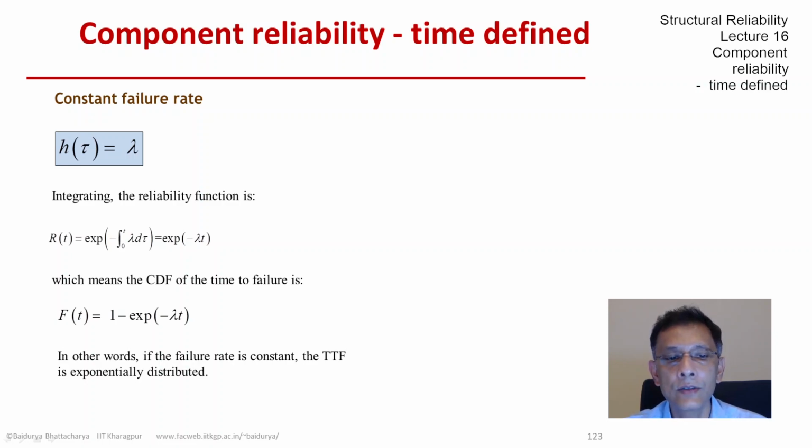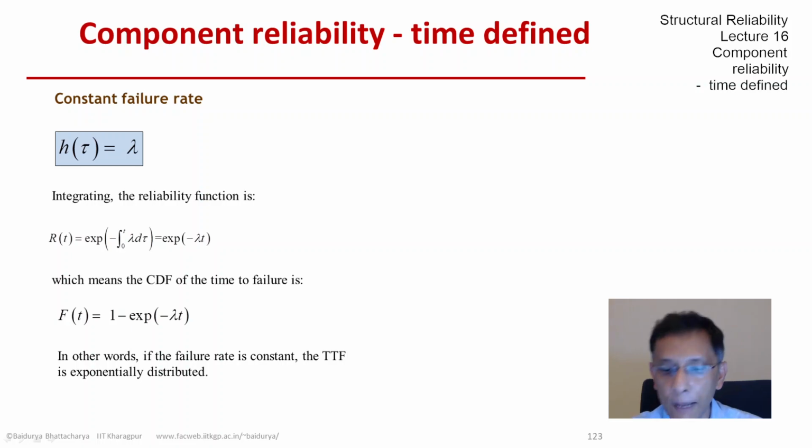This tells us that if an item does not become more likely or less likely to fail as time progresses, which is a very special property, it necessarily gives rise to an exponential time to failure.